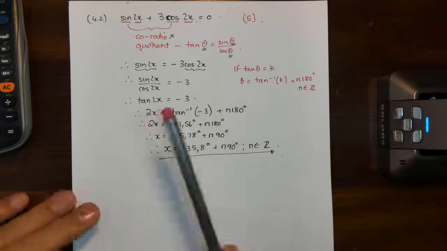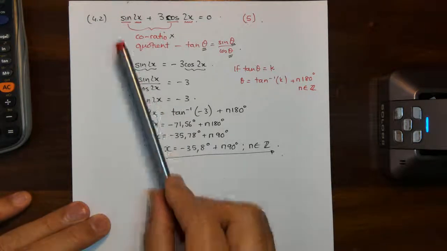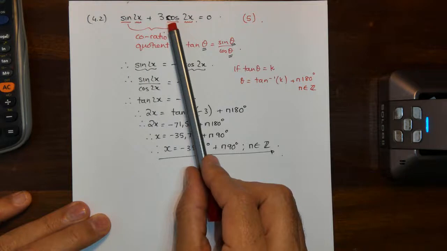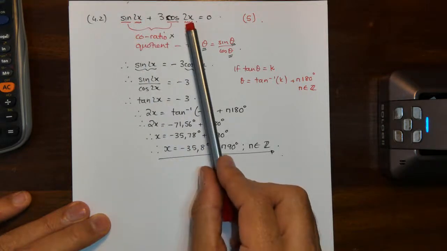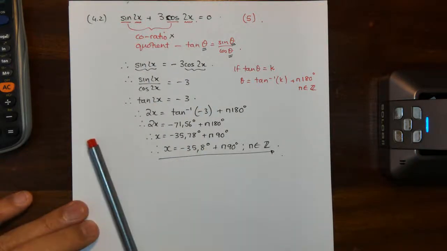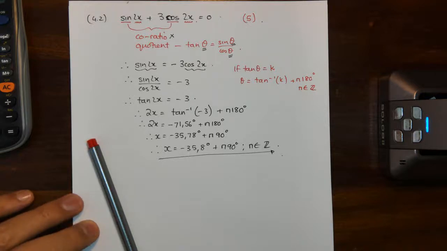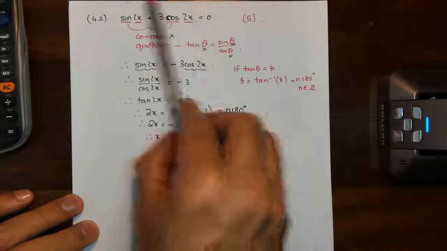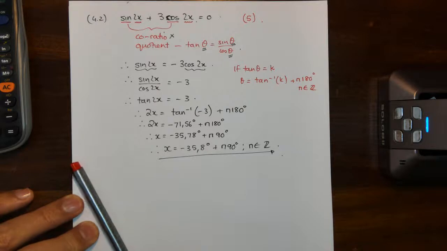And in here I chose tan. Why? Because the ratios were sine and cos, and the angles were identical angles, so I did not have to expand. So don't always, if you see a double angle, think that you have to expand it. It's not true. It will get you to the right answer, but you will just have quite a few more steps.